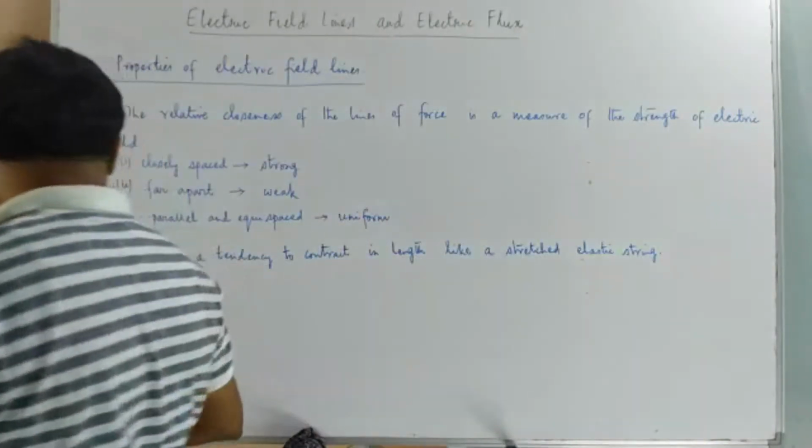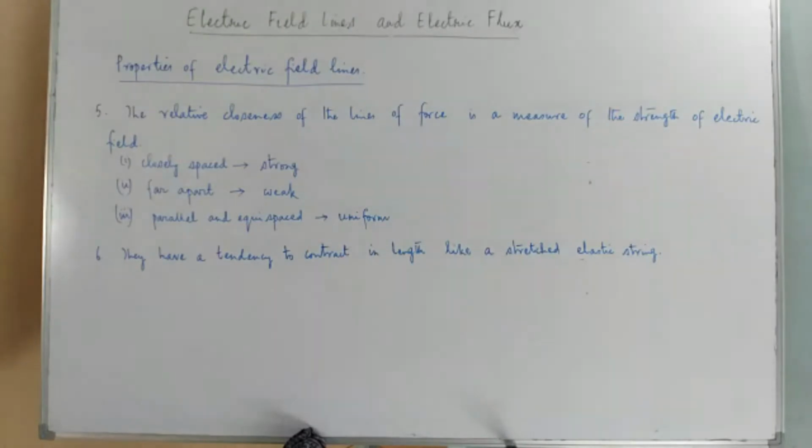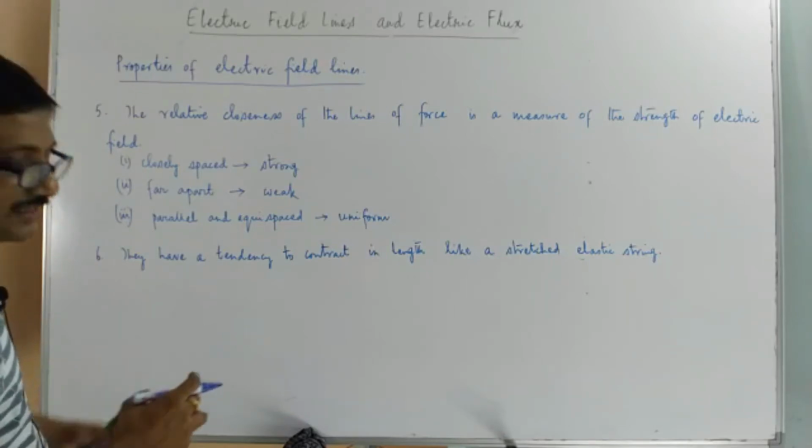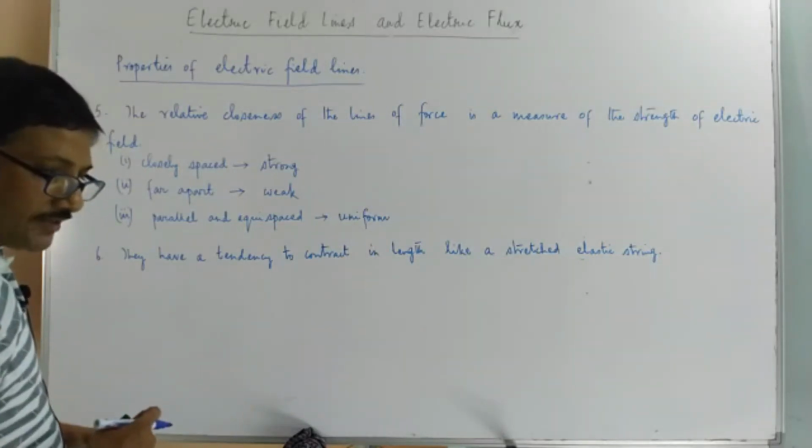The lines of force have a tendency to contract in length like a stretched elastic string. This actually explains the force of attraction between two opposite charges, and that's why they tend to contract.